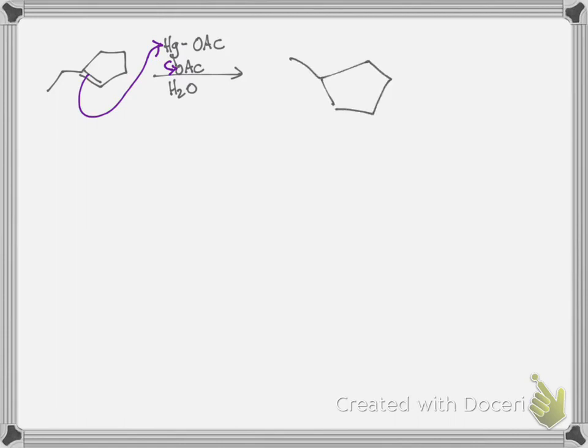The mercurinium ion is analogous to a bromonium ion in the sense that it's a three-membered ring. It's also analogous to the bromonium ion in the sense that there are going to be partial charges on the mercury and the carbon when the alkene is unsymmetrically substituted.